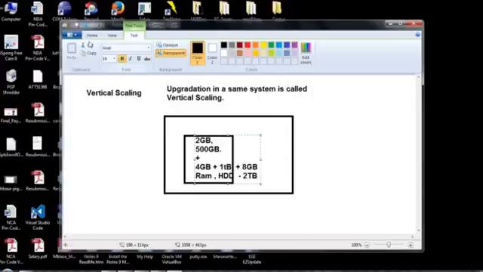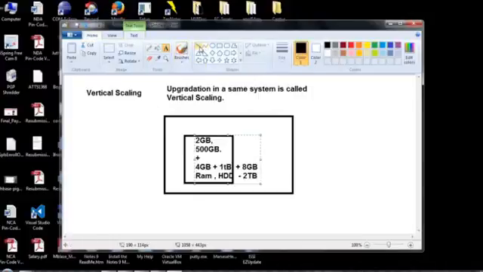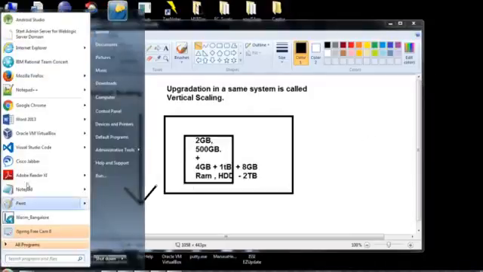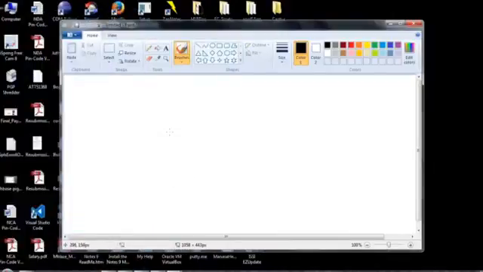So vertical scaling means you are upgrading the same system. This is your vertical scaling. I hope I'm clear.